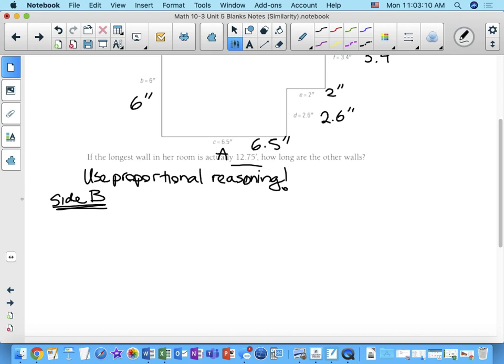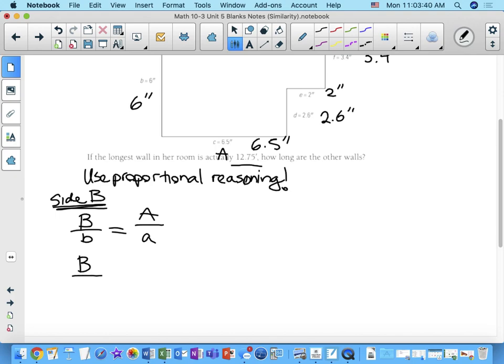One side of our equation is going to be capital B over little b equals, the other side has to be a pair that we know. And we know capital A and little a. So that's the side that we're going to use. Capital A over little a. Now we just have to fill in all the values that we know. We don't know what capital B is, that's what we're trying to find.